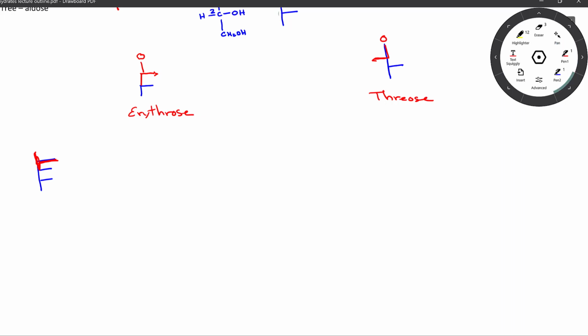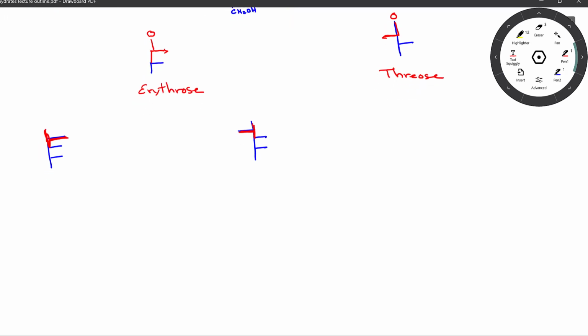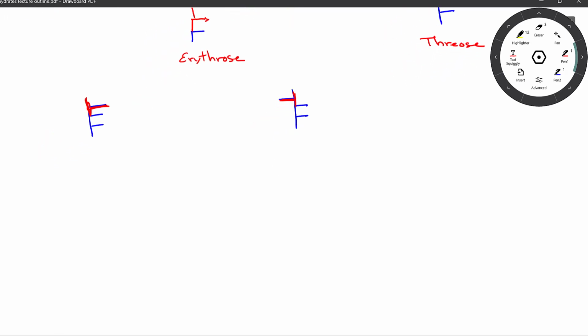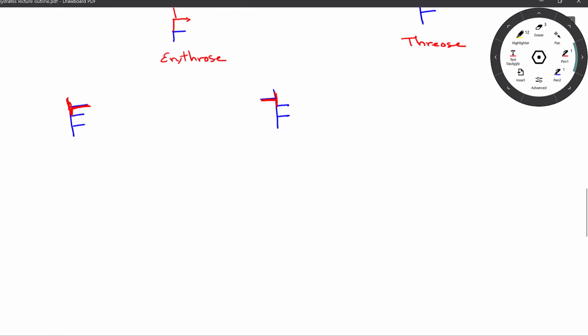This next one would be drawn exactly the same way, but now the next one is pointing inward. So this is that from the synthesis, and we're adding to the carbonyl. We're creating an epimer, in other words, of the other compound, at C2.